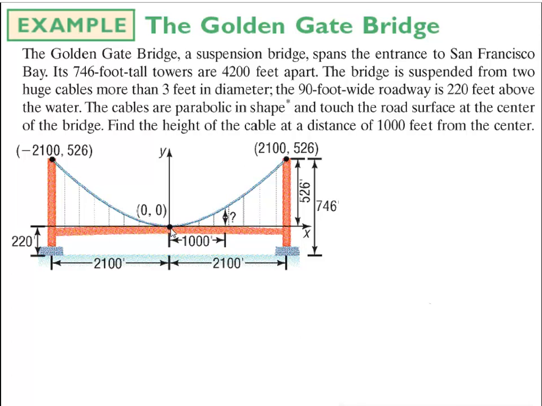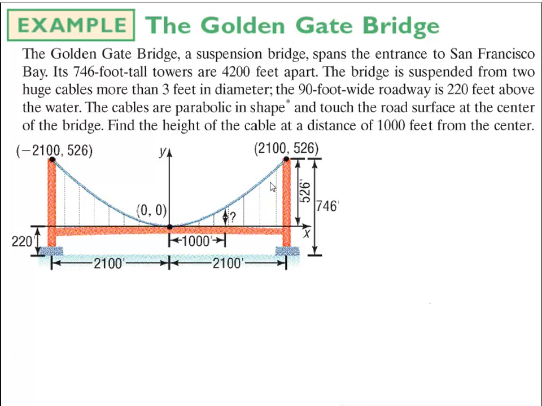So if we situate the parabola that way, the towers are 746 feet tall, right? So here's the 746 foot tall tower. And since we're told that the roadway is 220 feet above the water, we're going to subtract 220, and that's going to leave me with 526 for this y value.